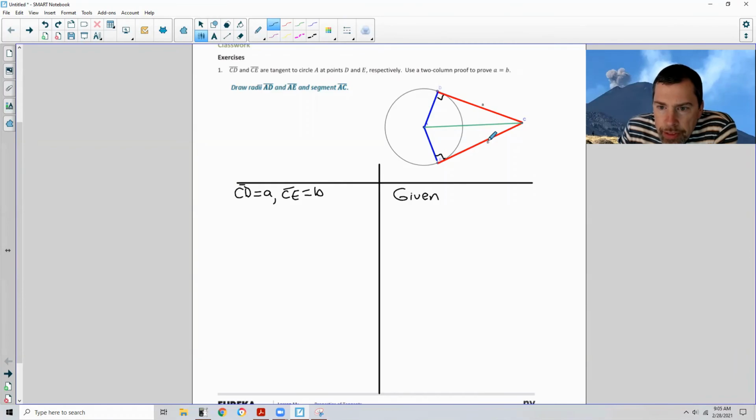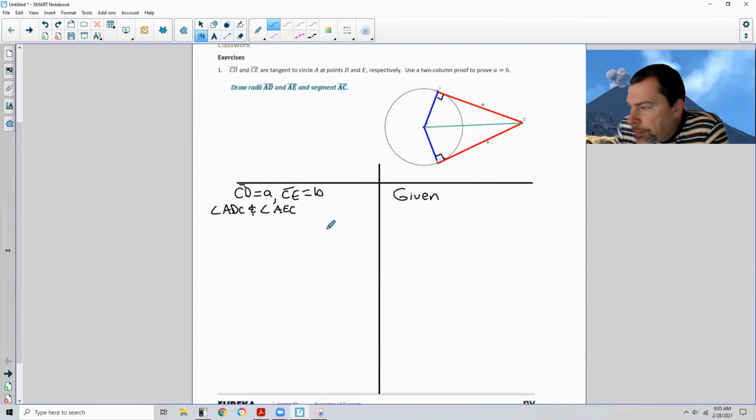It's labeled CE and B, so there you go. All right, so now we want to say angle ADC and angle AEC are right angles.